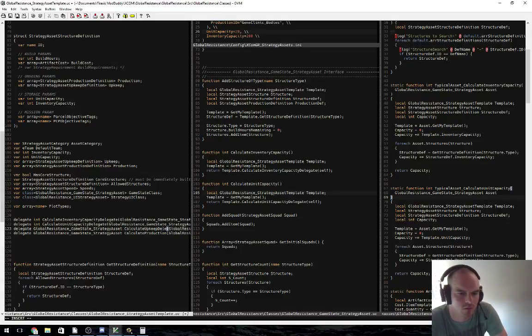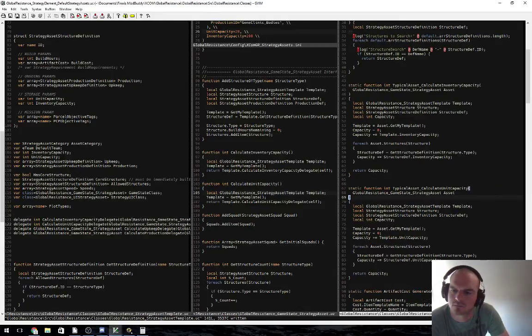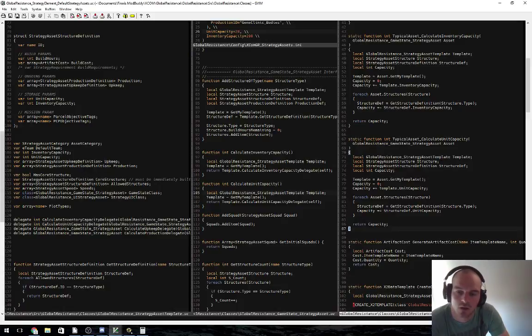Alright, so we'll call that the calculate upkeep delegate and the calculate production delegate. And we won't like add it to the game state or anything like that.